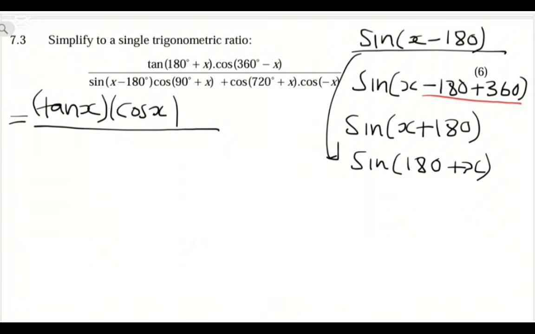So where do we find 180 plus x on our CAST diagram? 180 is in the third quadrant, where sine is negative. So here we're going to have negative sine of x, and then cos of 90 plus x. This is a cofunction, guys.